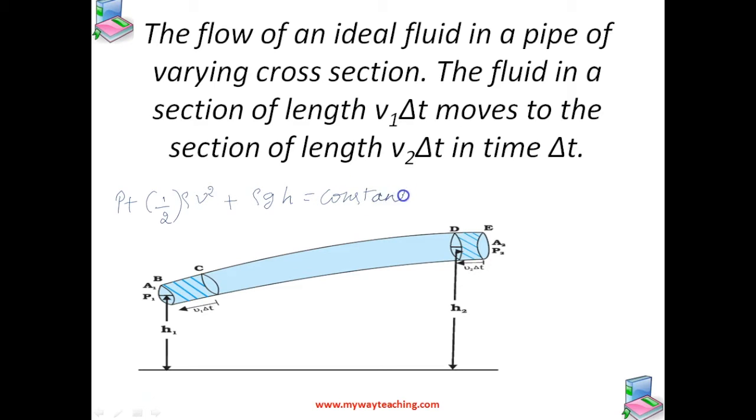This is the general expression. In other words, Bernoulli's relation may be stated as follows: as we move along a streamline, the sum of the pressure, the kinetic energy per unit volume, as well as the potential energy per unit volume remains constant.